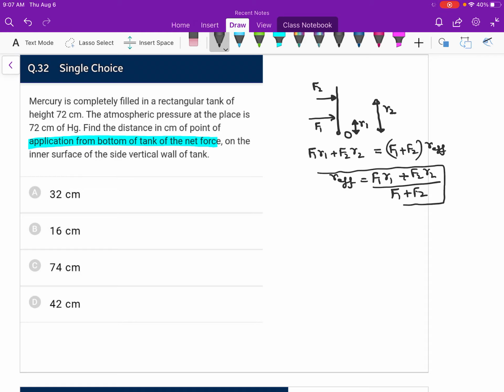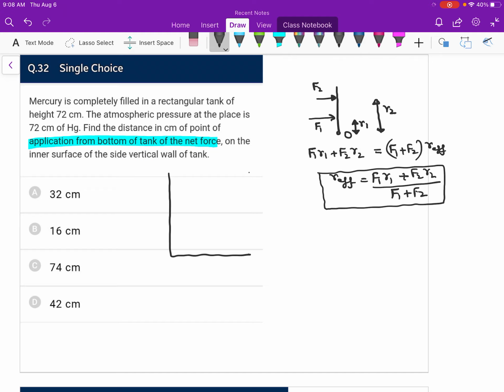This is the technique to find the effective distance of the point of application of net force from the given point.